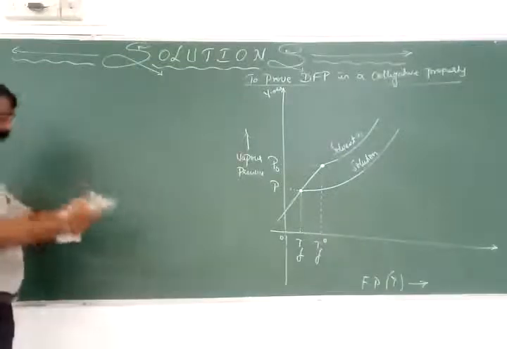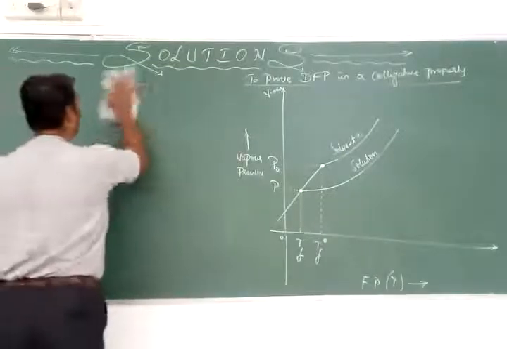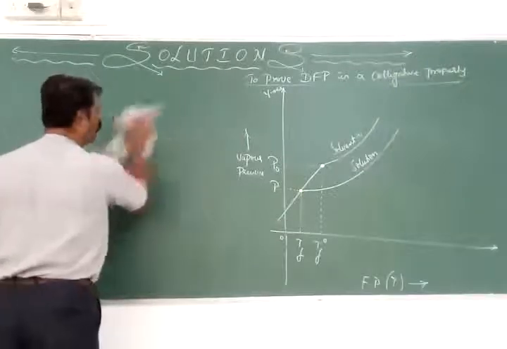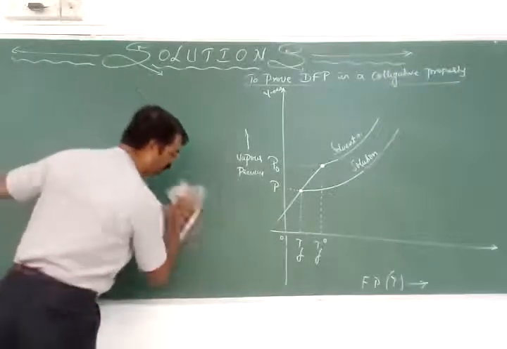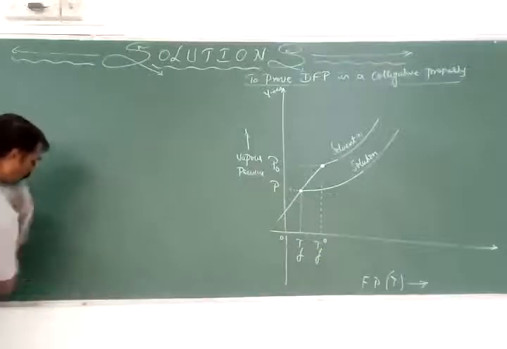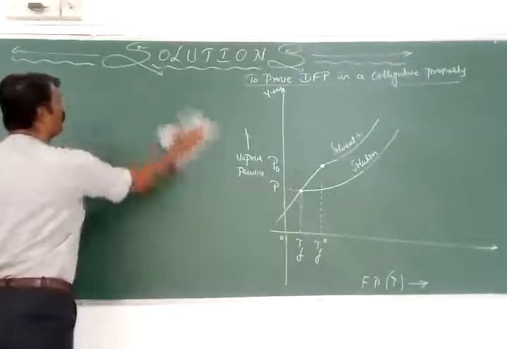So here, as is clear from the graphical representation, we are proving that it is an example of a colligative property.